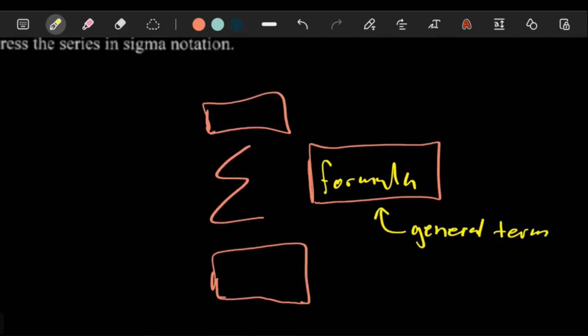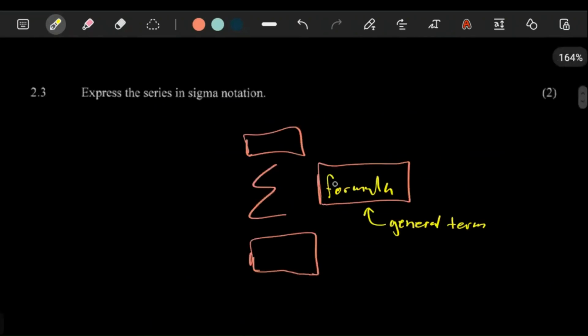Depending on what you'll be adding up, because remember a sigma symbol means you're adding up values, depending on what you're adding up in these numbers that are generated by these formulas, you're going to start at a specific term and then end at a specific term.